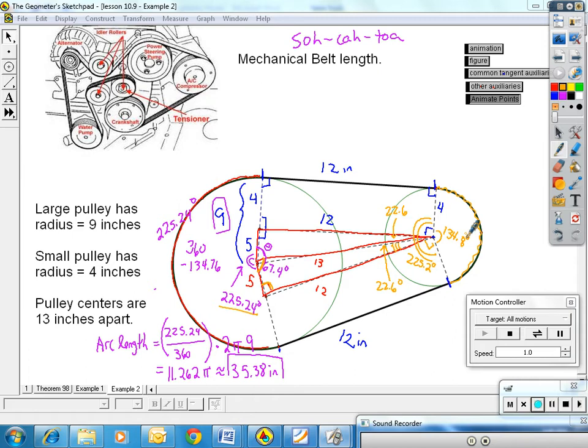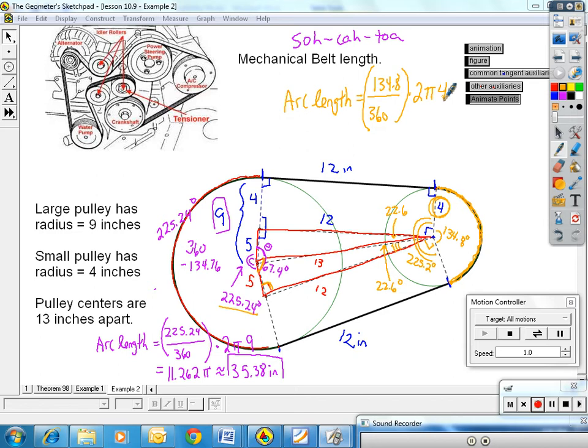Now we're well on our way to find our arc length. Our arc length is going to be 134.8 because that's the arc measure. Divide that by 360. That's the percentage of the circle that it takes up. Multiply that by the circumference, 2 pi times the radius of 4, and we're on our way. Divide that by 360, and multiply that by 8.